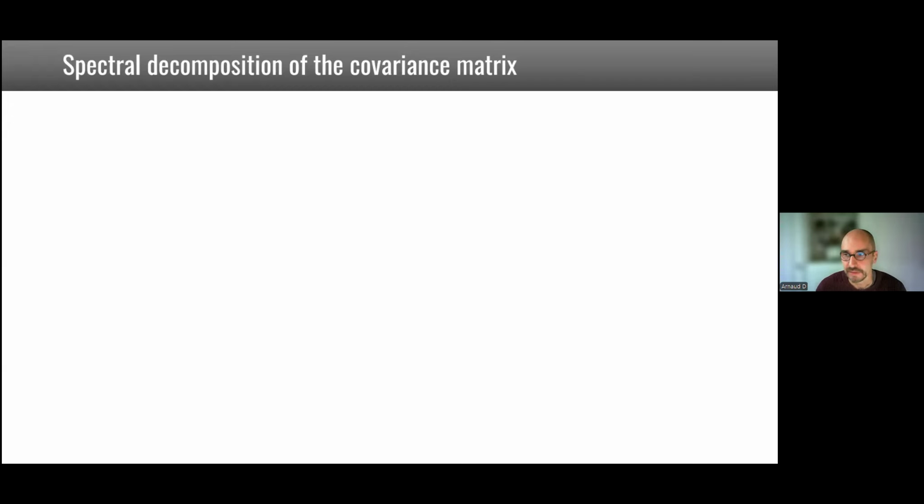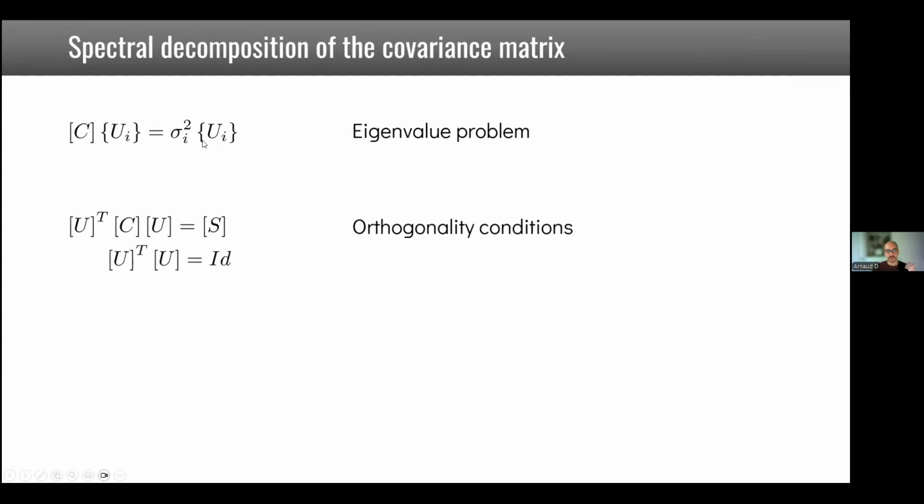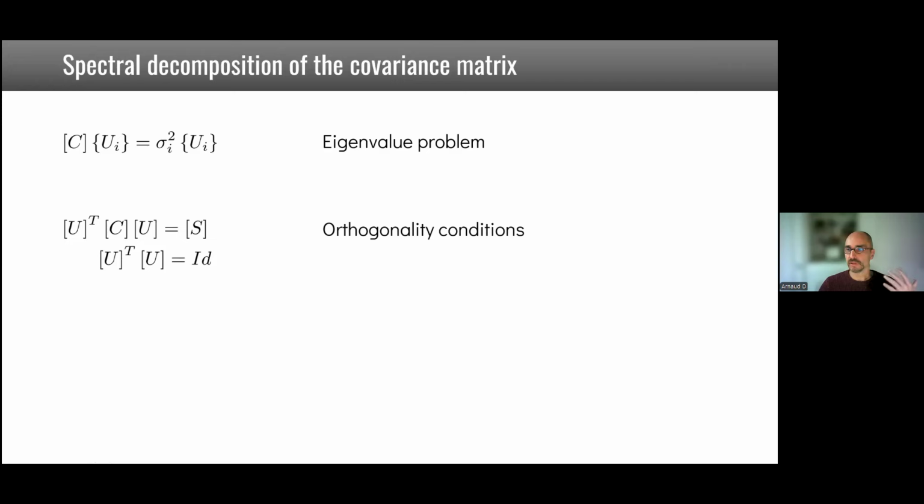So what I did in this paper with Keith is that I worked on the spectral decomposition of the covariance matrix. You can do an eigenvalue problem where C is your matrix and you find your eigenvectors U and your eigenvalues sigma square. Then, because it's an eigenvalue problem, you have an orthogonality condition.